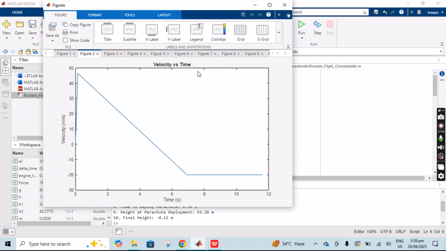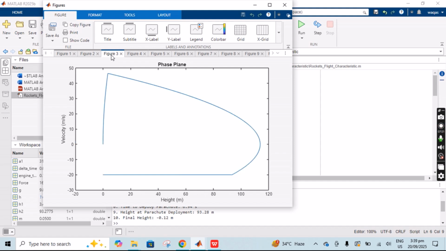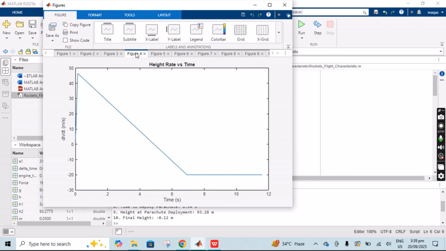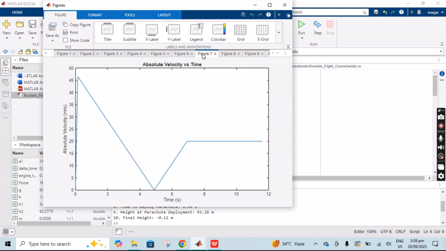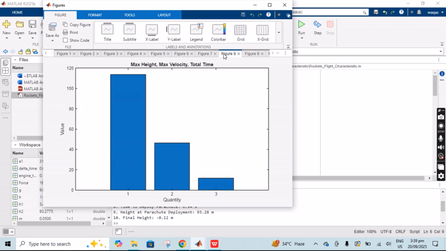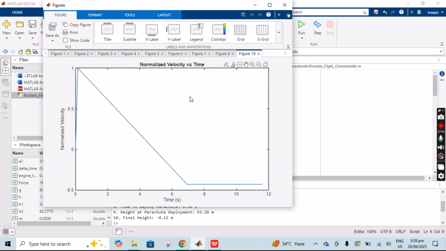This figure provides us the velocity versus time. Phase plane means when the rocket changes its direction from one side to another. Then the height rate versus time, its acceleration versus time, absolute height versus time, and the absolute velocity versus time, maximum height, total time, and figure as well.